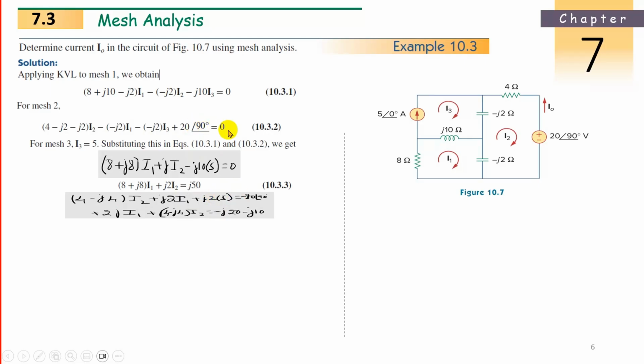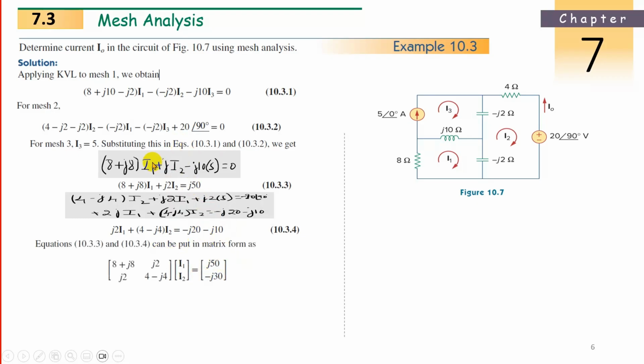Now I took this 20 to this side, so minus 20 at an angle 90 degrees, which is j20. Now this j2 times 5 is 10j. I take this side minus j10. So altogether it is minus j30. So arrange I1 on the left side and I2 on the right side. It becomes j2 I1 plus (4 minus j4) I2, which is equal to minus j20 minus j10, which will be minus j30.